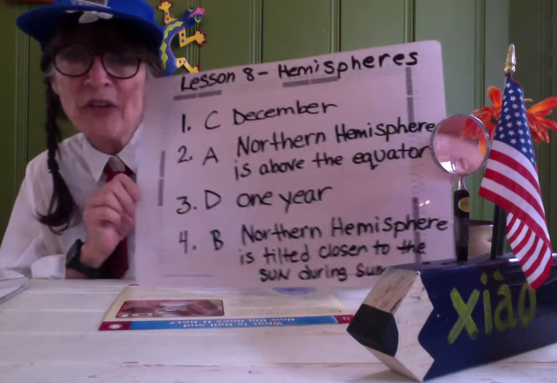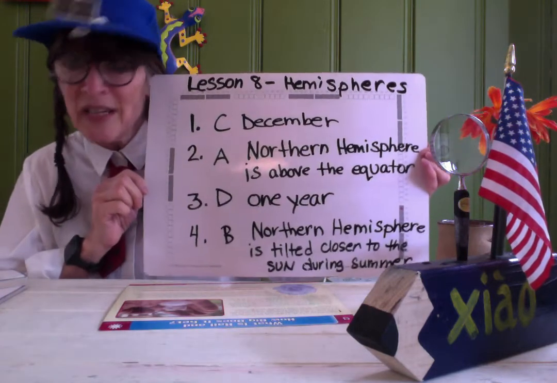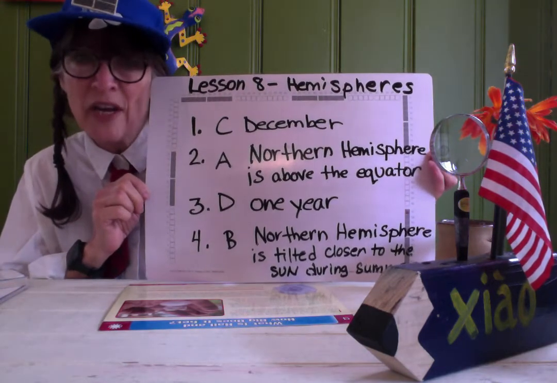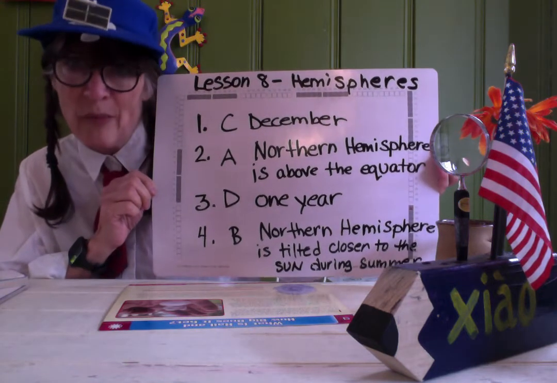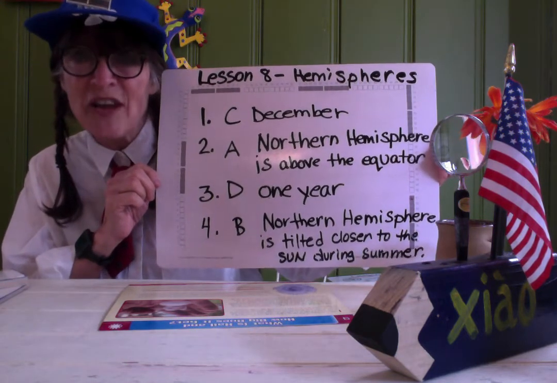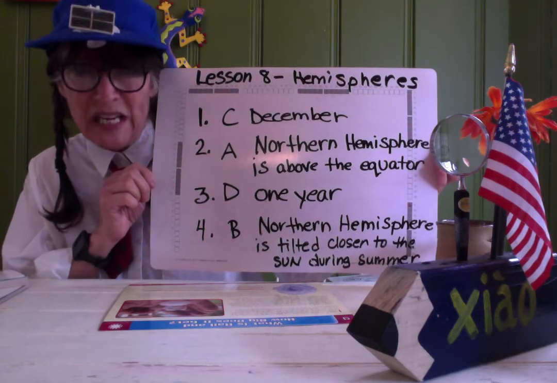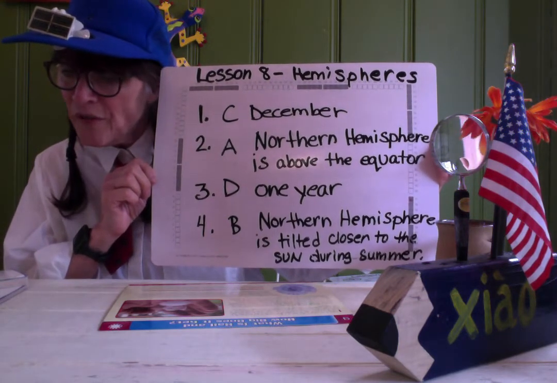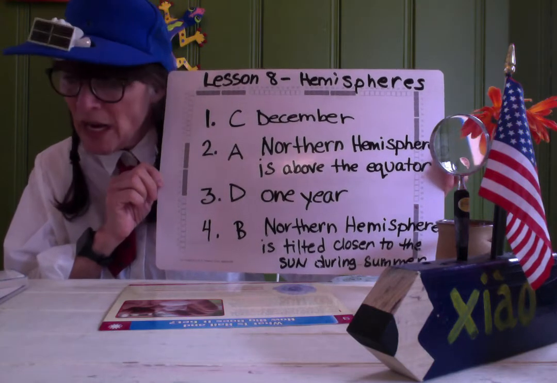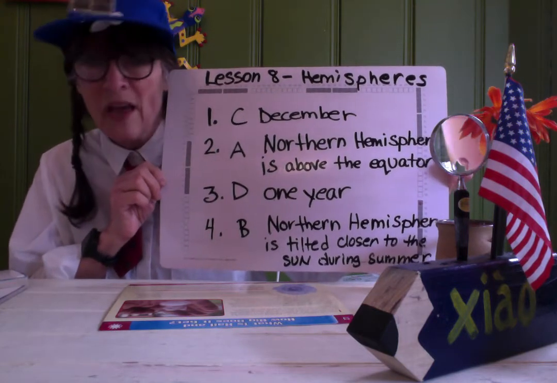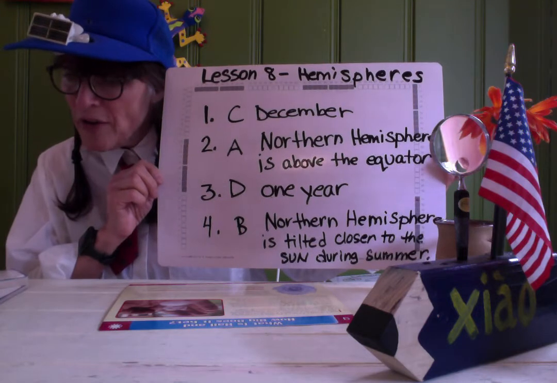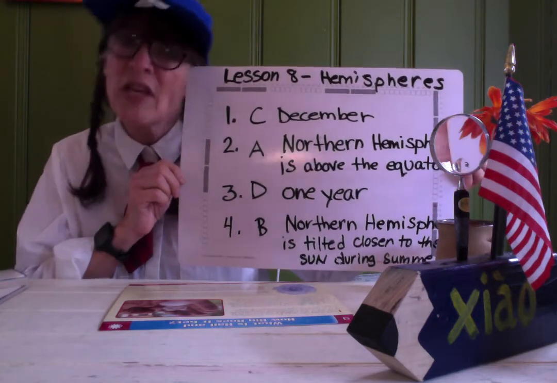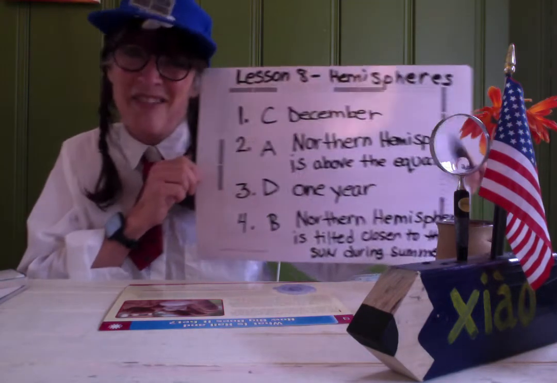So the first question was, when is it summer in Australia? Remember, Australia is in the southern hemisphere, and that was C, December. The next question was, which of the following is a true statement? And the true statement was A, the northern hemisphere is above the equator. That's where we live.